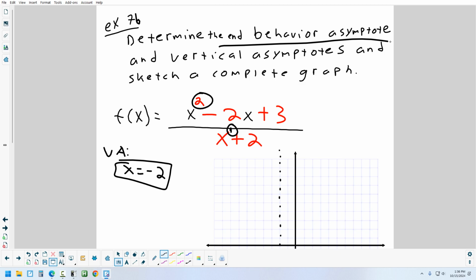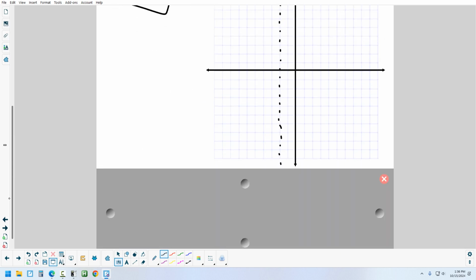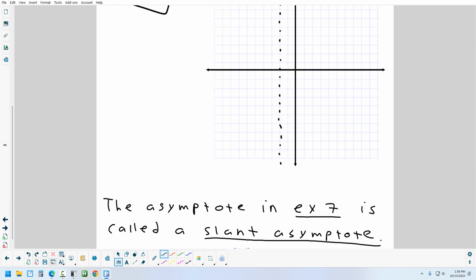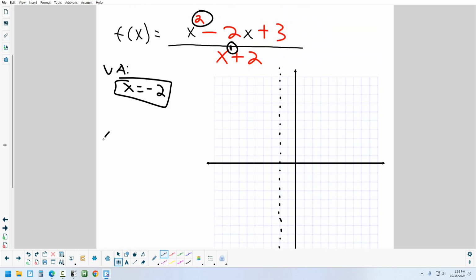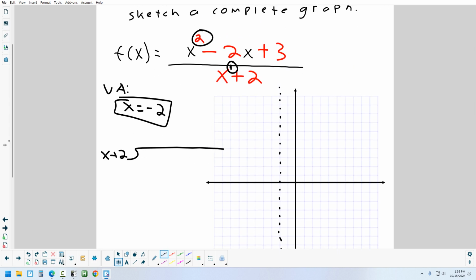Long division. Okay, I'm just going to try to fit it right here. So x plus 2, I'm going to divide that into x squared minus 2x plus 3. What do you get when you do x squared divided by x?